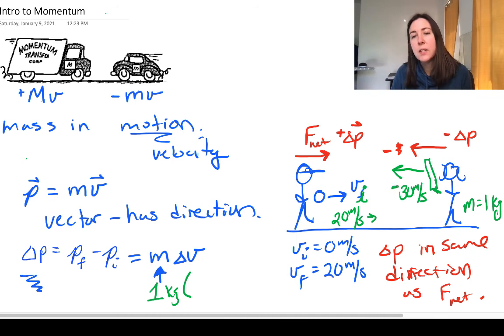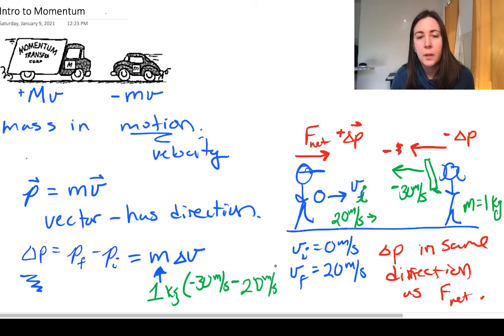So you have to take into account that it is negative 30 meters per second as the final velocity minus the initial velocity of 20 meters per second to give us a momentum change of negative 50 kilograms times meters per second.